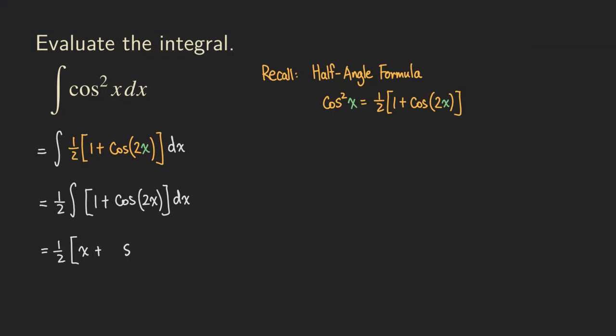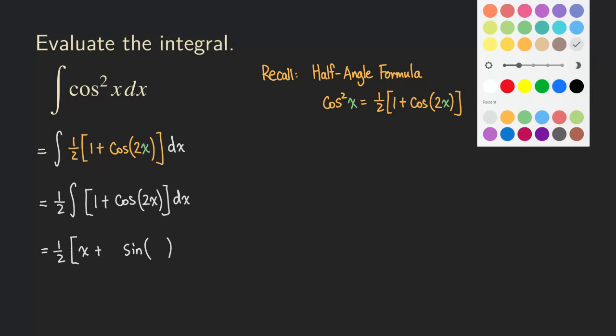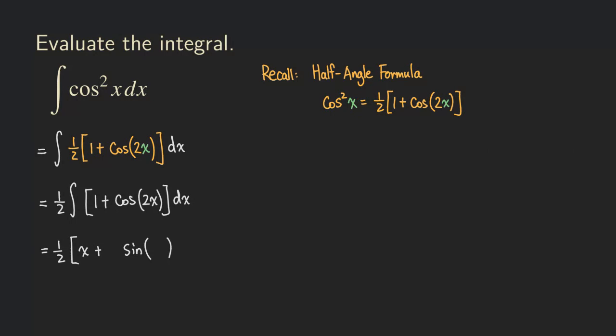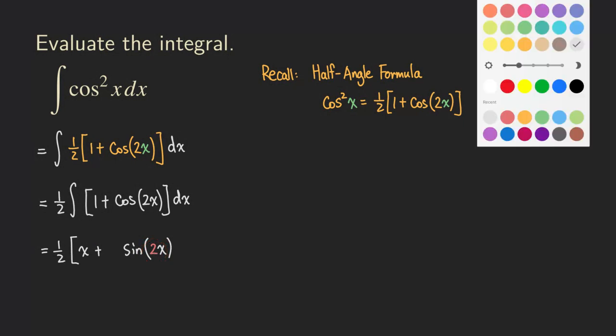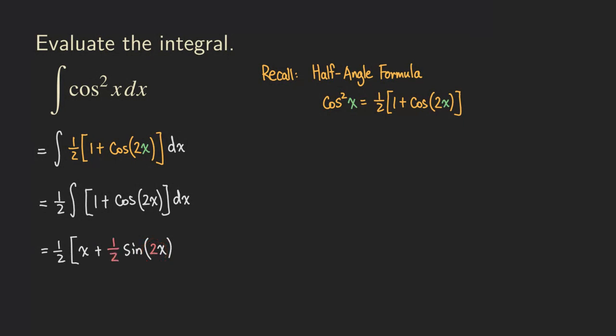Inside the sine function, we have 2x, so we should highlight the 2 because that's what we need to worry about here. We need to multiply by the reciprocal of this 2, which is 1 over 2. And then we also have the constant of integration.